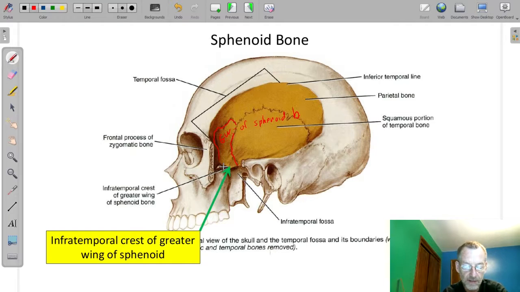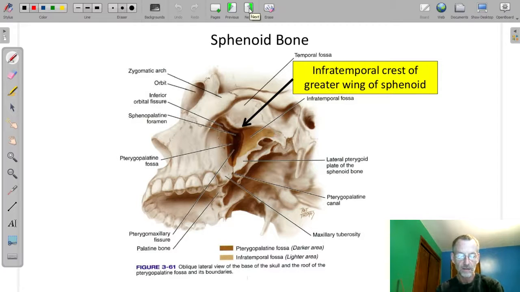Okay, and so you remember the infratemporal crest, that line of demarcation between the infratemporal fossa and the temporal fossa. Next slide. We've seen this illustration again, and I'm just reviewing the infratemporal crest, just reminding you that it's part of the sphenoid. We've already been through this slide. You should be able to recognize again pretty much everything in this illustration. Next slide.